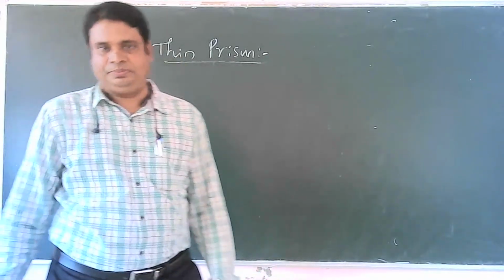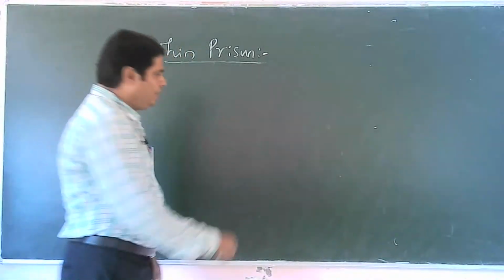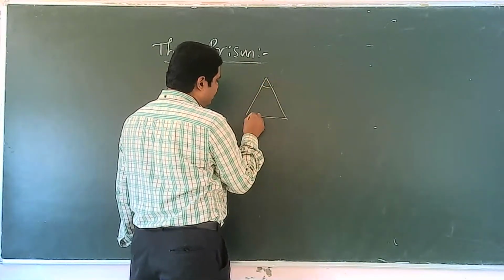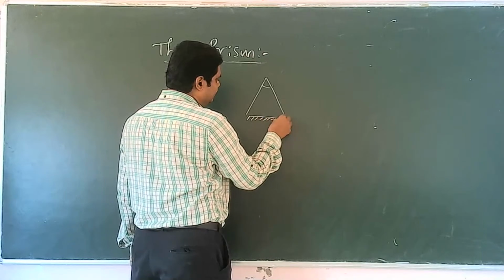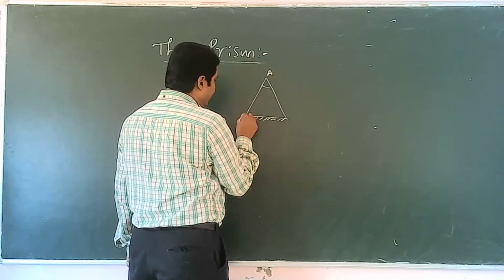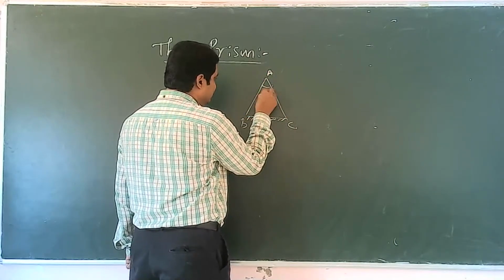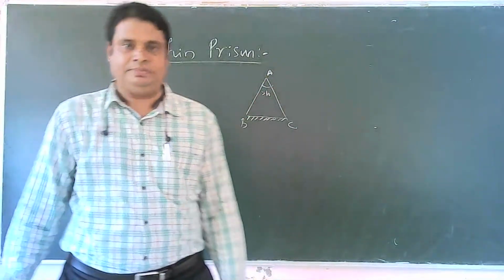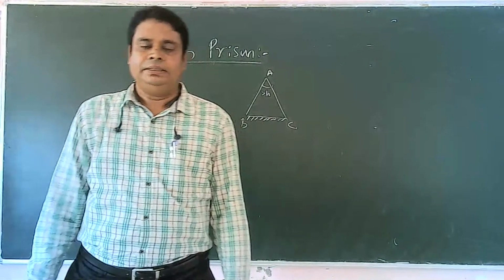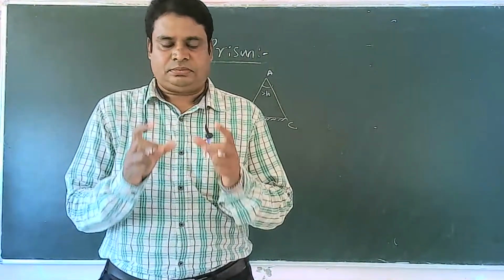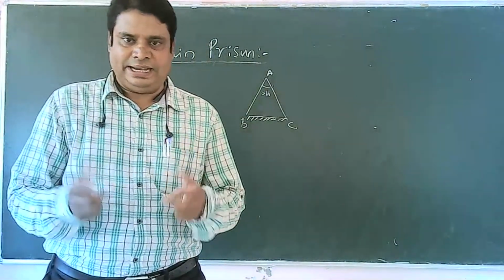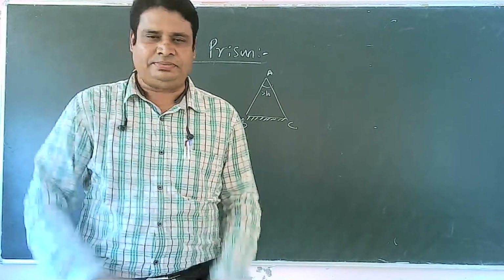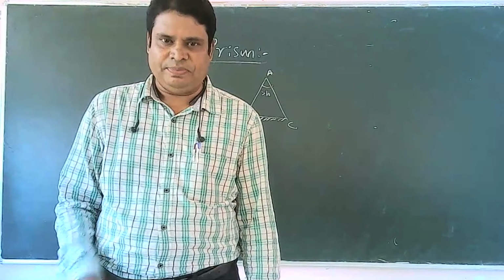A thin prism is one whose angle of prism is less than 10 degrees. Let me repeat. If the angle of prism is less than 10 degrees, then the prism is said to be a thin prism. Very thin in nature.